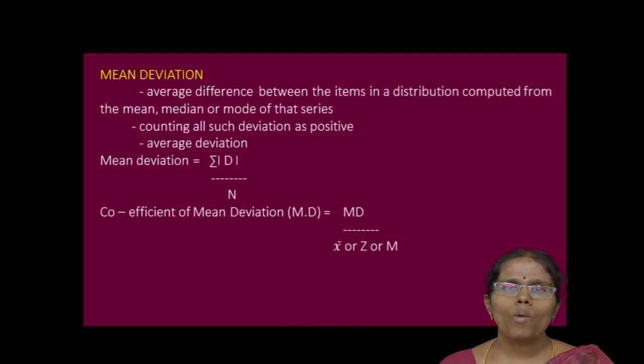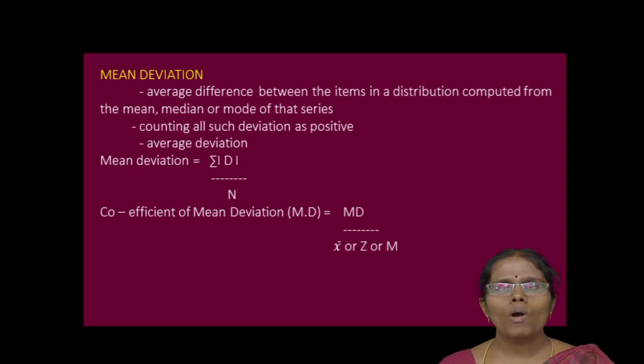Next, the coefficient of mean deviation. From the mean, it is mean deviation divided by mean. From the median, mean deviation divided by median, or we divide by the mode. Then we get the coefficient of mean deviation.